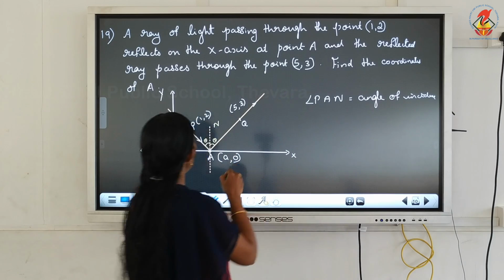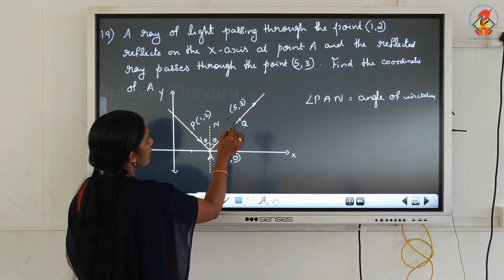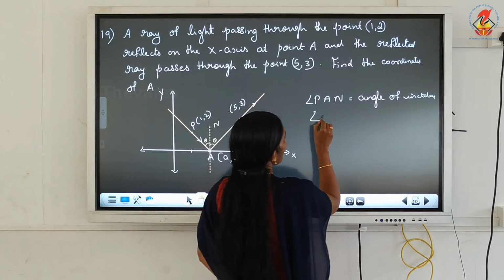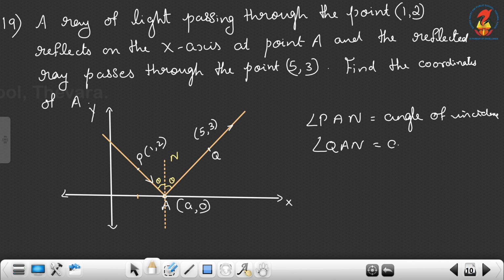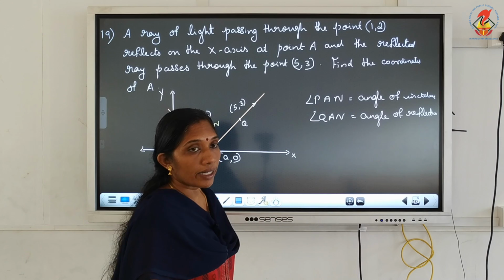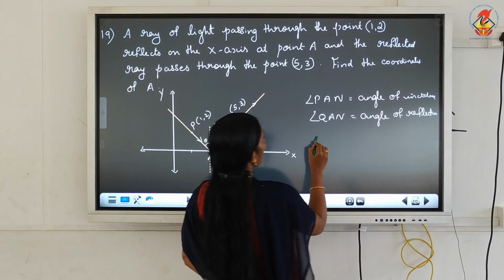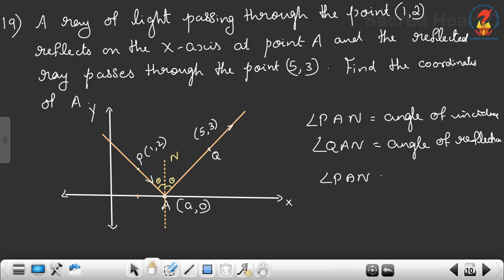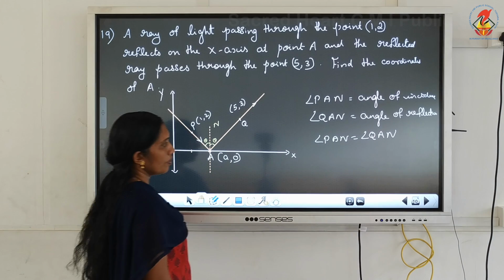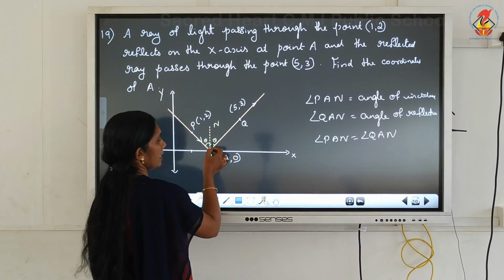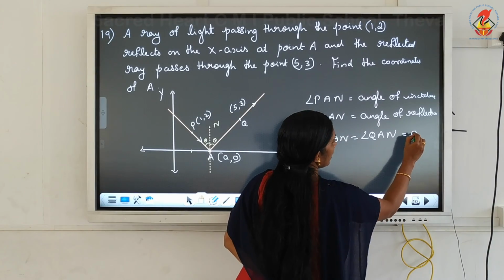The next angle, QAN, is the angle of reflection. You learned that the angle of incidence is equal to the angle of reflection. That's why angle PAN and angle QAN are equal. Let it be equal to theta.